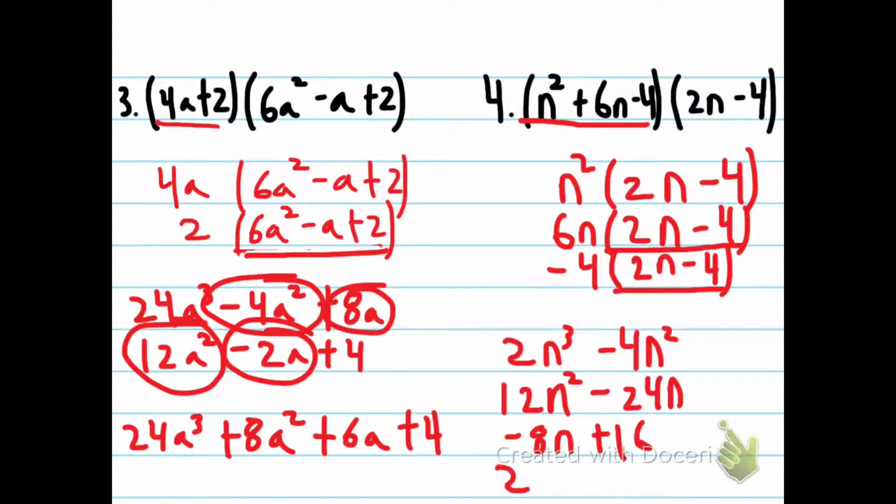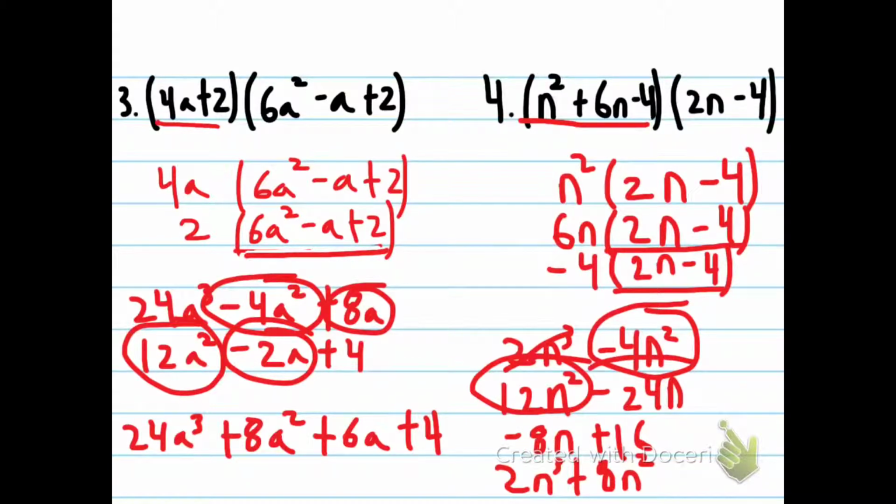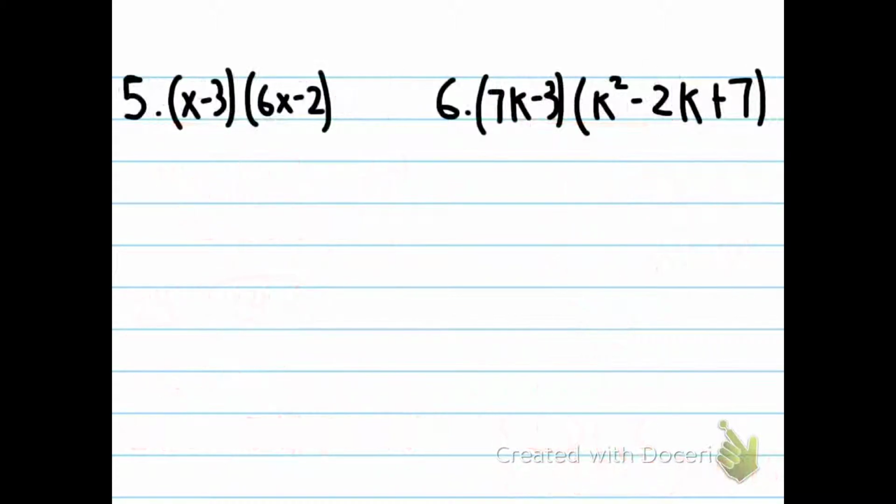So 2n to the third. Then combine these. You get 8n squared. Then combine these. You get negative 32n. And then plus 16. So the answer is 2n to the third plus 8n squared minus 32n plus 16. Pause the video, grab some paper, and try doing these problems on your own.